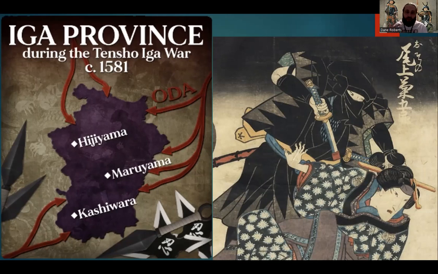But with this threat of the ninja, as well as several failed assassination attempts by the Iga clan, Oda Nobunaga would conduct several military invasions, and so would Toyotomi Hideyoshi later as well, into the Iga province. The first couple failed, but eventually Oda Nobunaga would gather a massive army, as well as gain the help from the Fuma and the Koga clans of ninja.